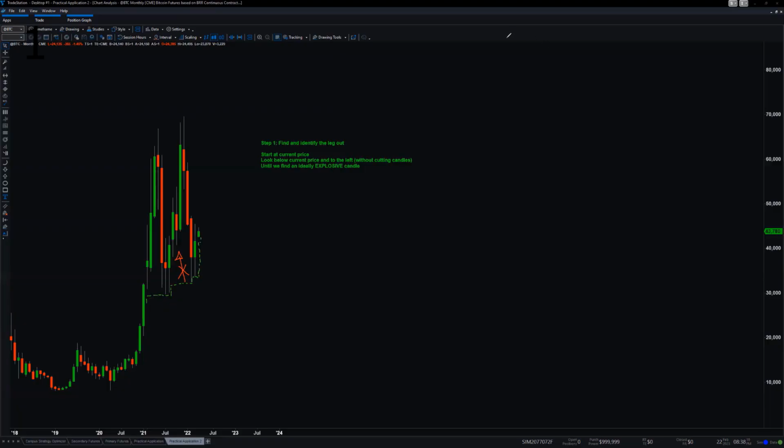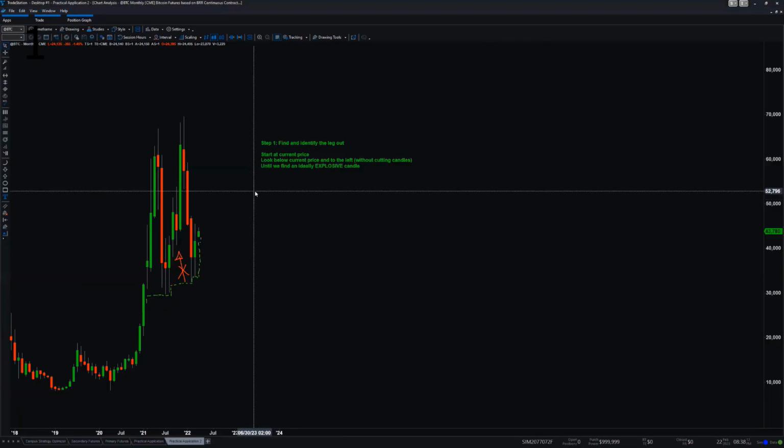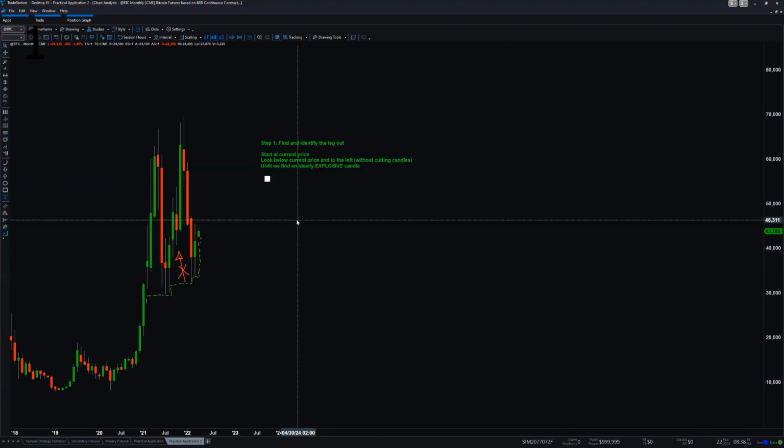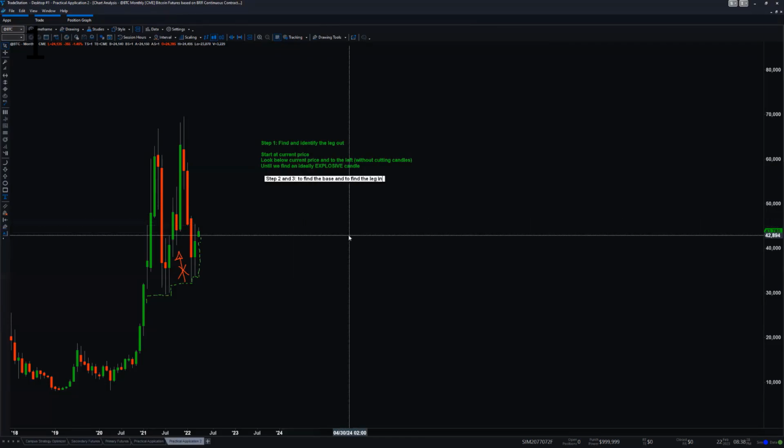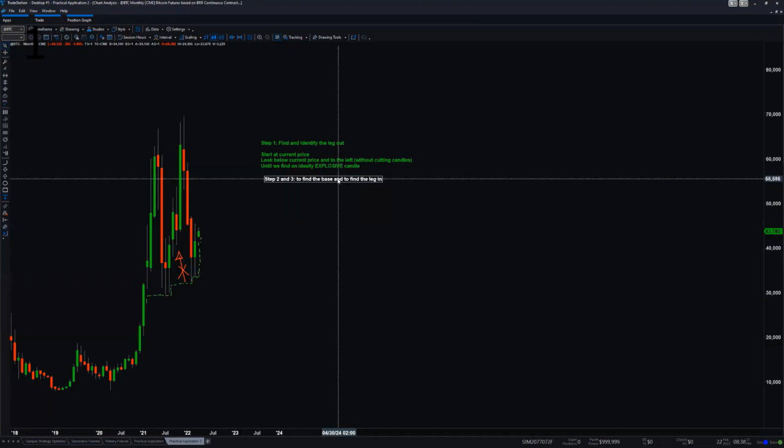So the next step, steps 2 and 3 to make it short, is to find the base and to find the leg in. Now we need to find the base and we need to find the leg in.